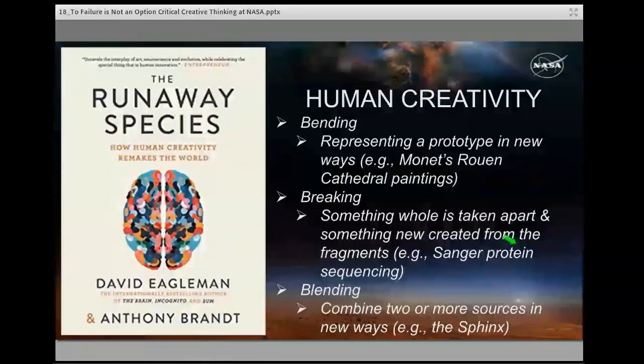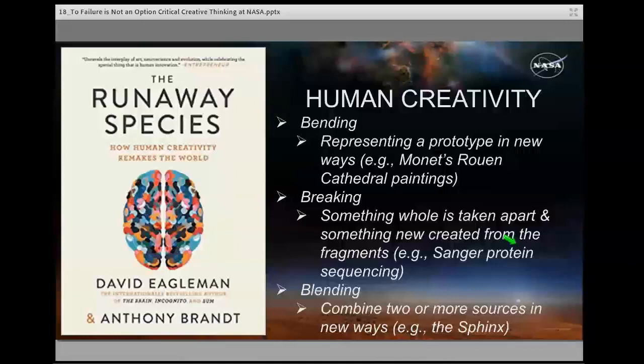If you're interested in learning more about how human creativity works, you would want, perhaps, once again, I don't normally recommend books, but this was a book that we had to read for our professional development a couple of years ago. It is co-authored by a neuroscientist, so you can see why I would be in favor of this, and a musician. One is a professor of neuroscience, the other is a professor of music.